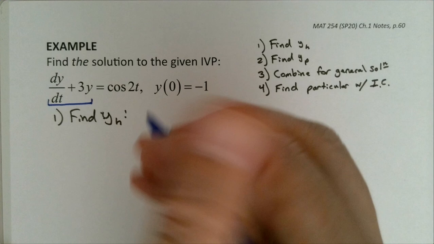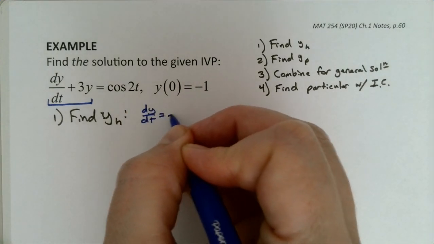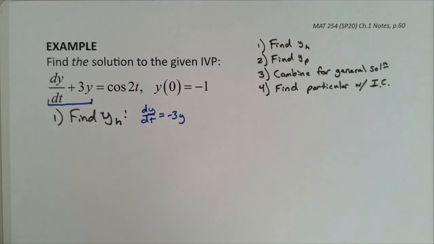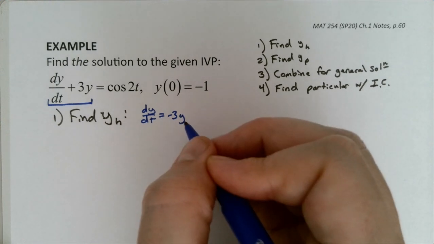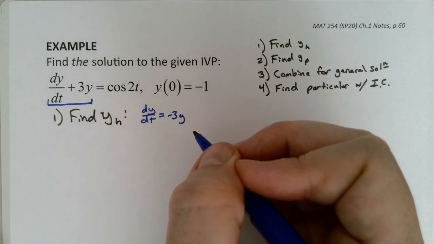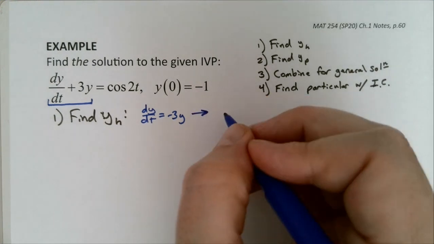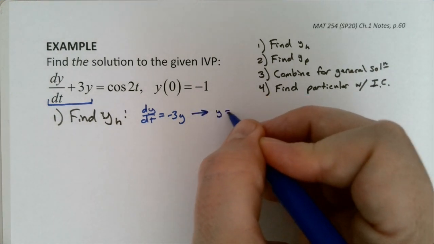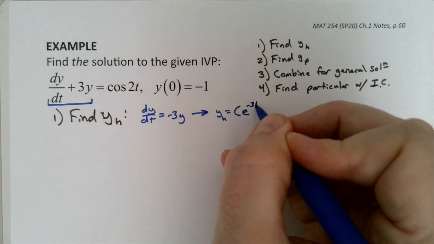Once I rewrite this as dy dt equals negative 3y, that's my homogeneous differential equation. And I know that this behaves just like an exponential decay equation. So it's going to have a solution that looks like y equals y sub h equals constant times e to the minus 3t.